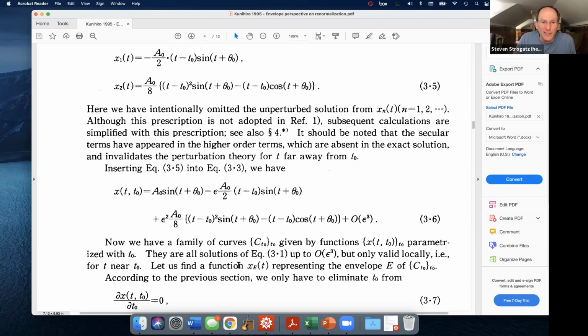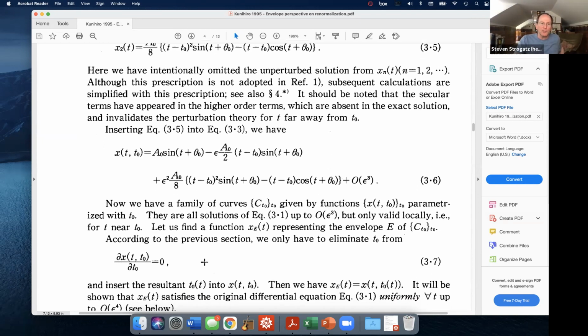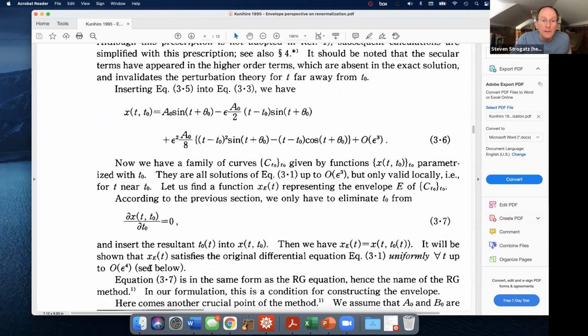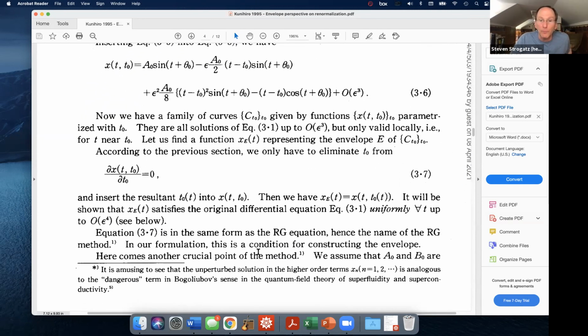So he says, let us find a solution, a function, xe, e for envelope, that represents the envelope of this family of curves. So according to the envelope condition, you're supposed to take the partial of the family with respect to the parameter t0. So he does that. And he says it will be shown that the solution for the envelope satisfies the original differential equation uniformly for all times.